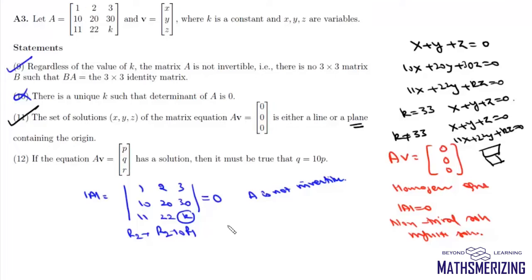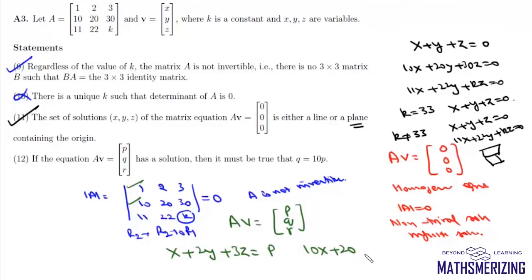Now this 12th one is, we are given this matrix equation AB equals PQR, and it says if it has a solution, then Q must be equal to 10P. Now if we write equations for the first two rows, then we'll get x plus 2y plus 3z equal to P, and from the second one we'll get 10x plus 20y plus 30z, and it will be equal to Q. Now we multiply the first one with 10, we'll get 10x plus 20y plus 30z equal to 10P.